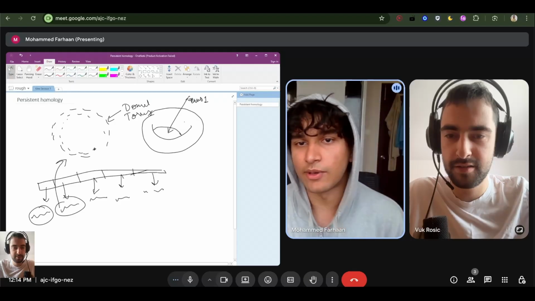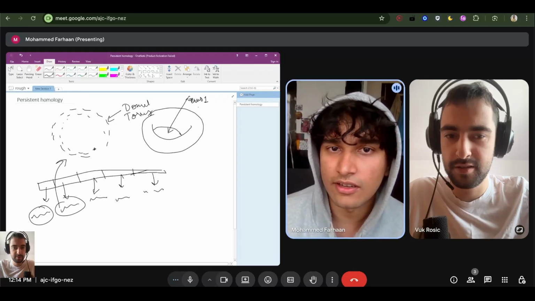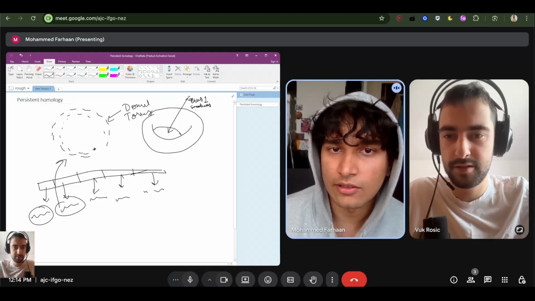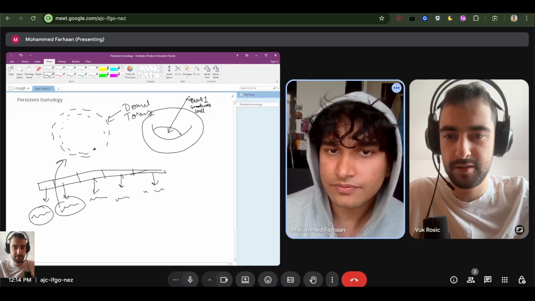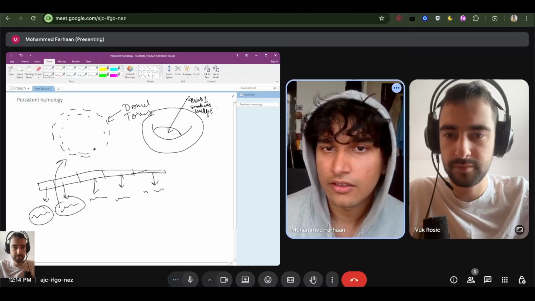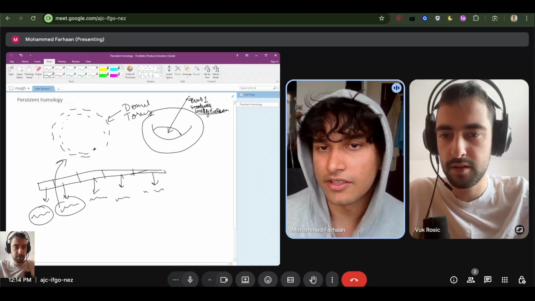So it has some nice properties. Like in math, we look at things like smoothness, right? We want to make sure it's locally Euclidean. Things like that. These are properties we look at. This is a donut structure, all right?